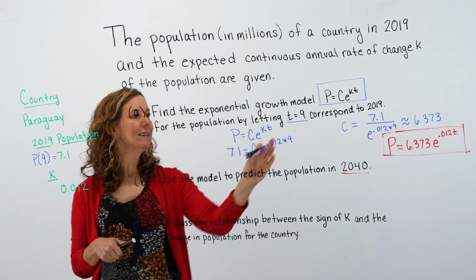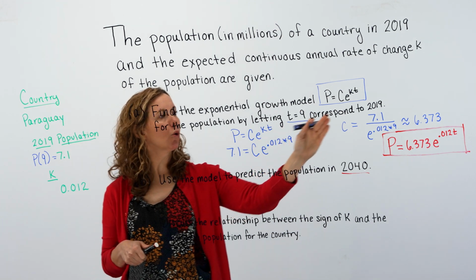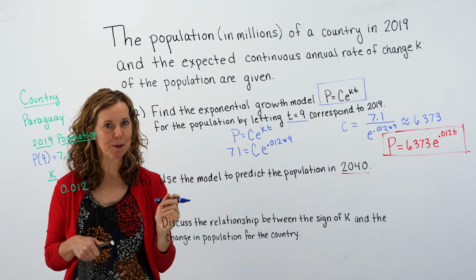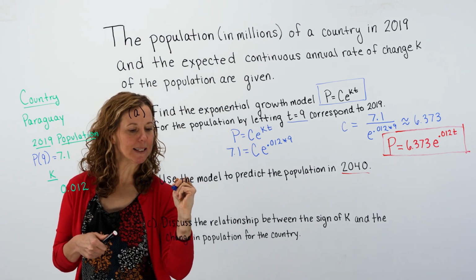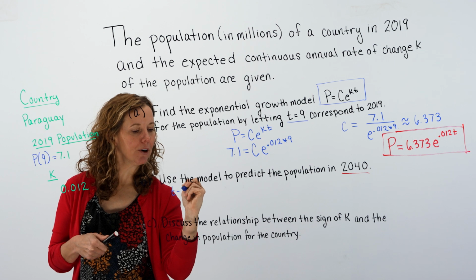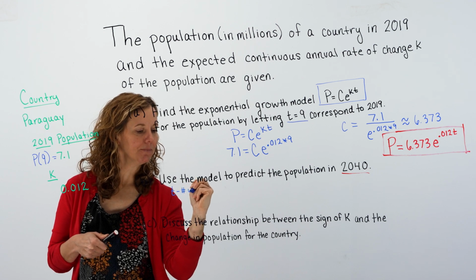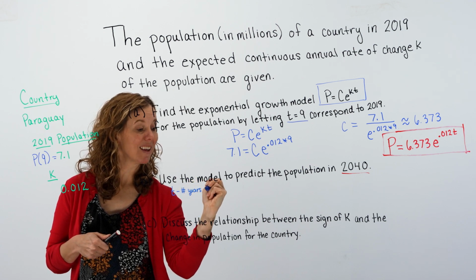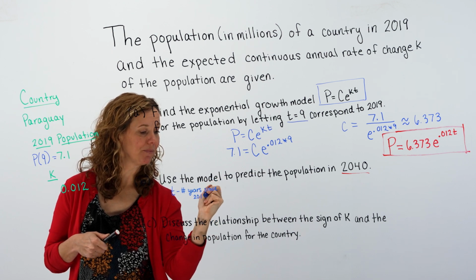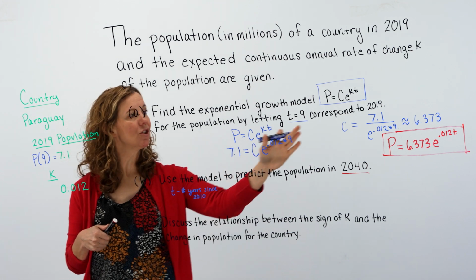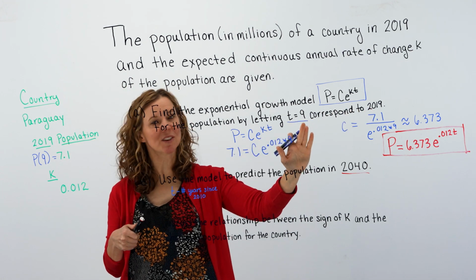Remember, we knew that t equals 9 corresponded to 2019. And so what that tells us is that t is really telling us the number of years since 2010, because 2019 was t equals 9.